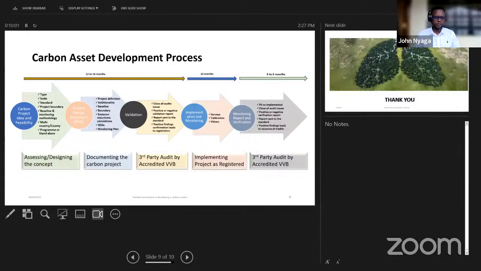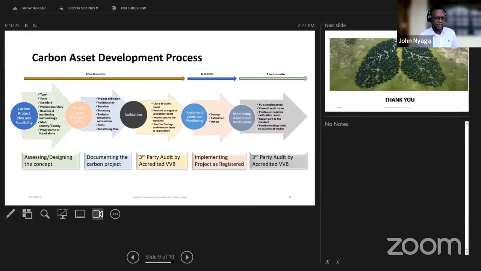Then in this document, you estimate the emission reduction expected. For example, if you're going to distribute trees and you found that the baseline was this amount, how much carbon removals do you expect from your trees over 10 years, over 20 years, over 50 years? So you can do those calculations, and they are expected to be done in the PDD.